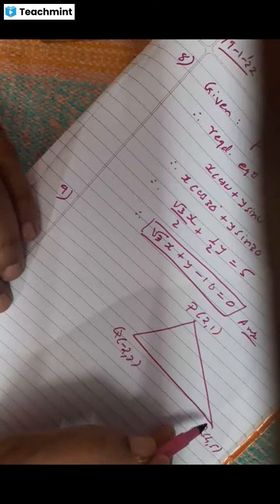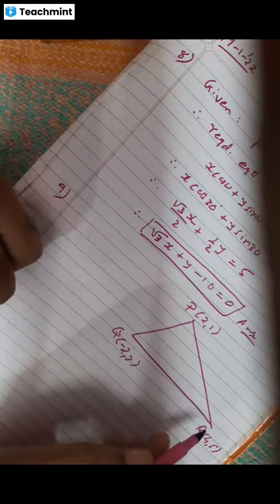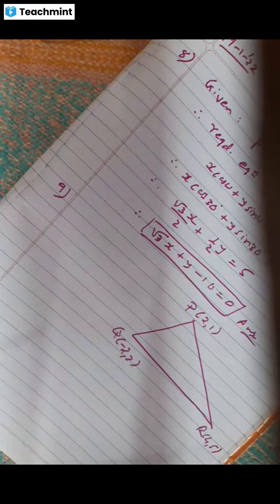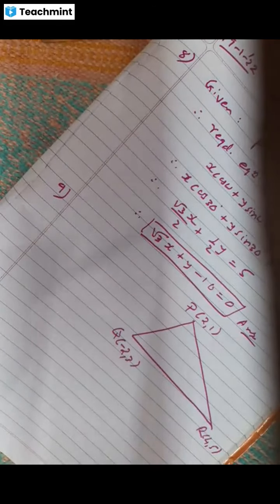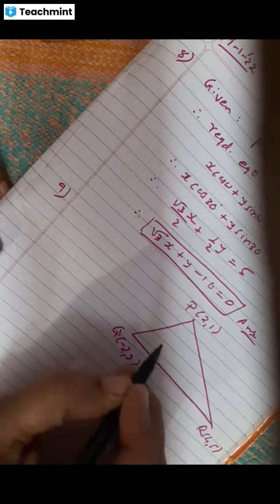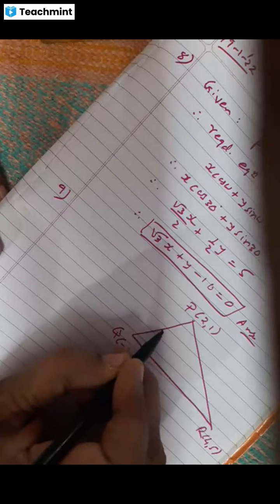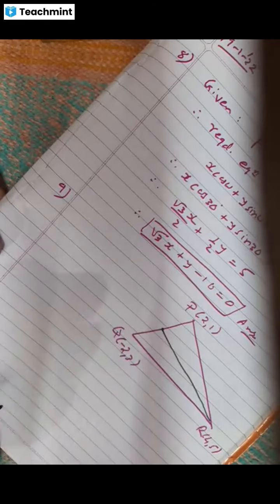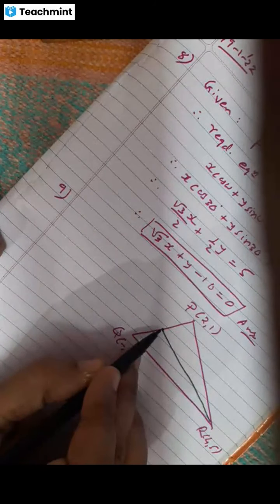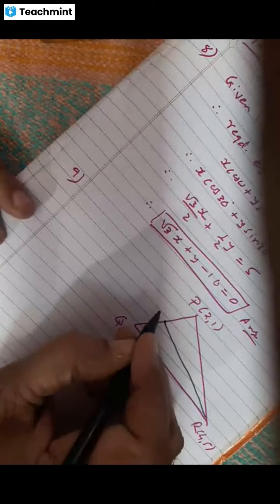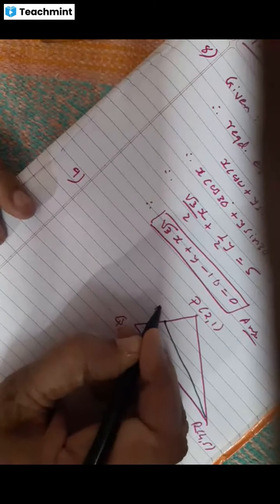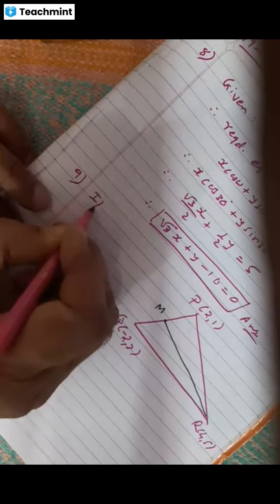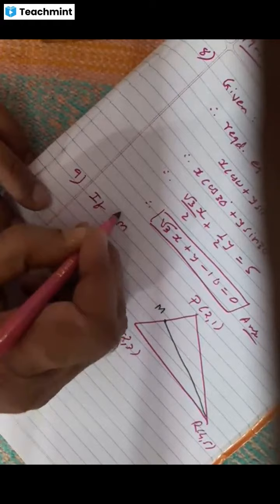See, this is the vertex. All of us know or must know the definition of median. How will you draw the median? Median अगर आपको draw करना हो दोस्तों, तो आप क्या करोगे? From this point R, you have to draw a line segment joining the midpoint of the opposite side. If I call this M, then RM is the median line segment.